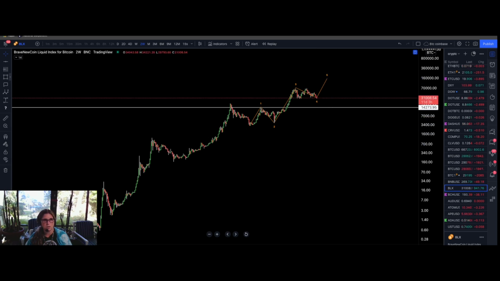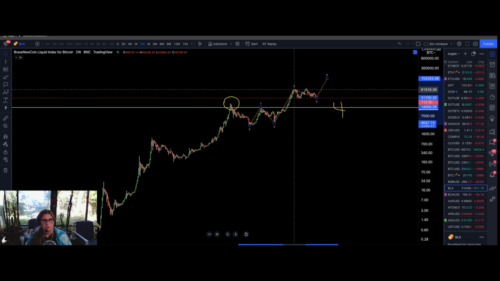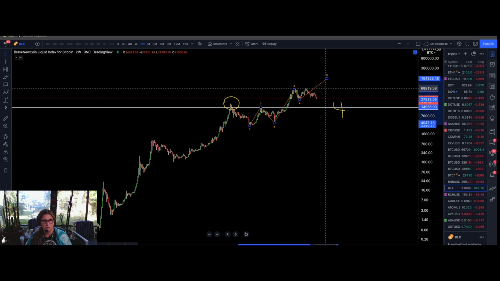Another thing that we want to think about is if we're going to come lower and we come into the top of this 20K run, then we have to assume that it's a higher degree 4. And it would mean that the move was actually like this.